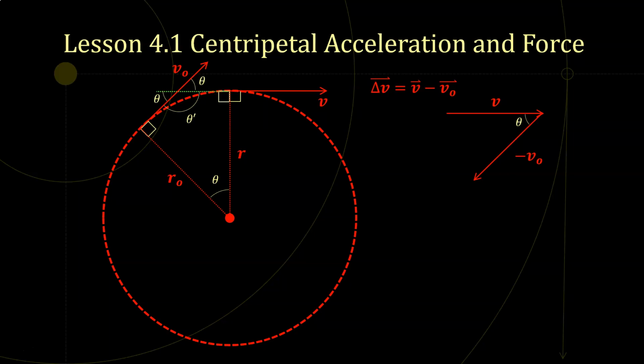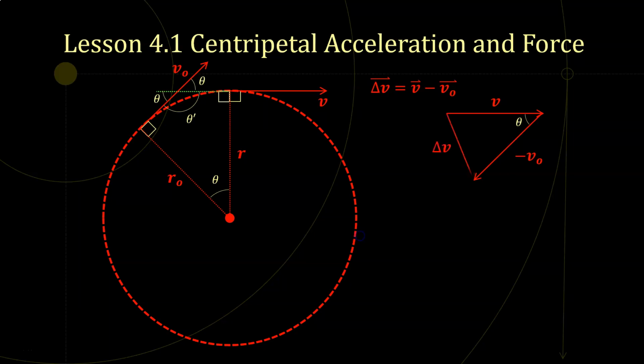Also, do you notice that this angle here is the same as the angle in the middle of the circle? If we look at the drawing over on the left, do you see how that theta between the direction of vector v and the direction of vector VO, and you can see it right underneath where that green dotted line crosses over VO, that angle has to be theta. So it's the same angle as in the center of the circle.